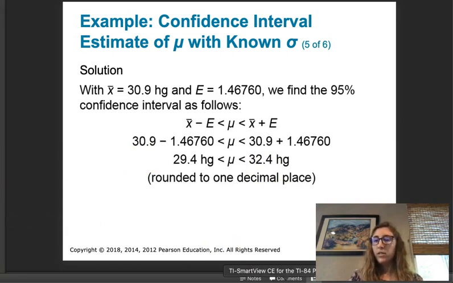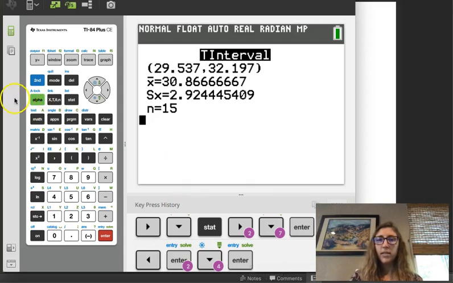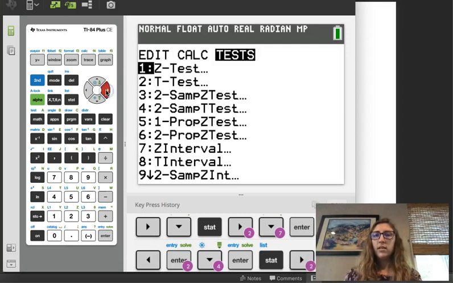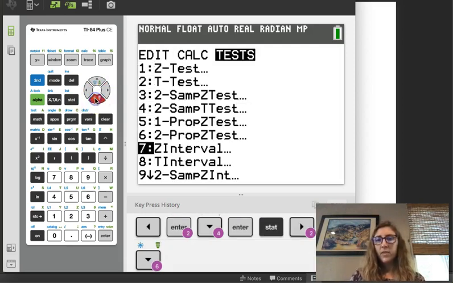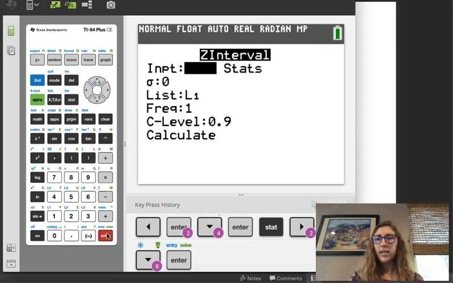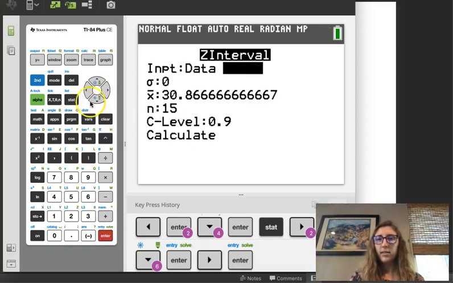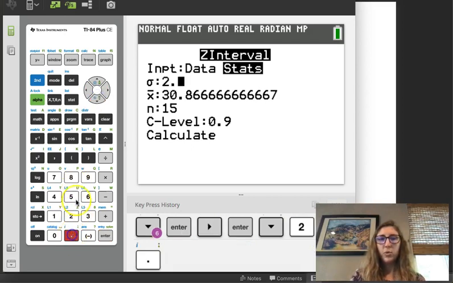Or like I'd said before, we could use our z interval. So we would go to our calculator here. We would go to Stat, Tests, scroll down to our z-interval. Let's use our stats here. So our sigma was 2.9.